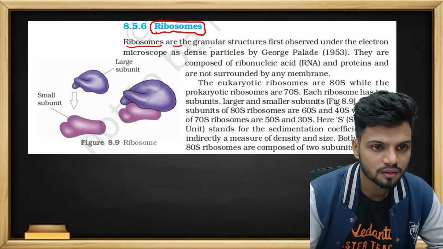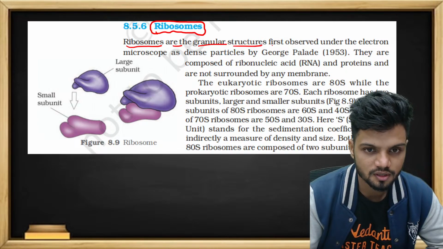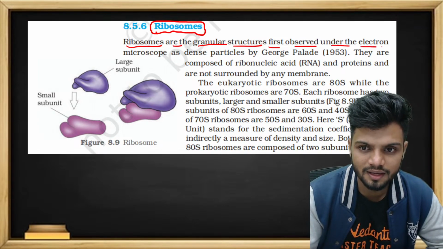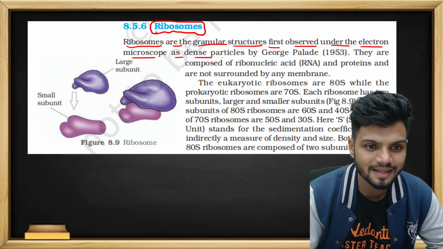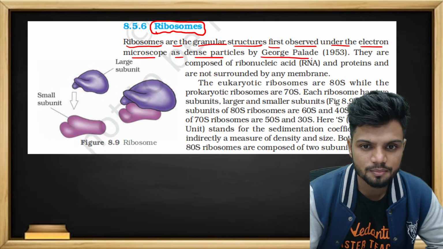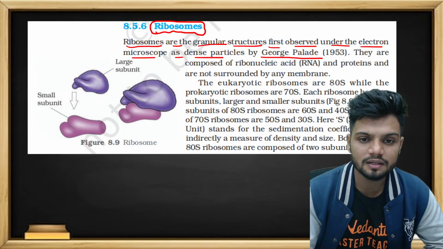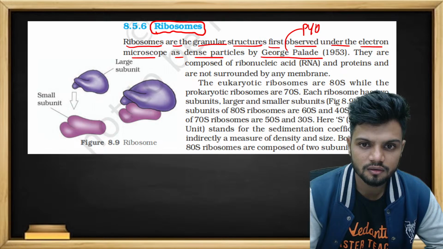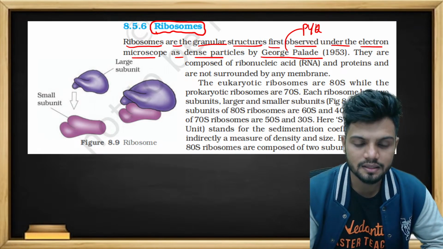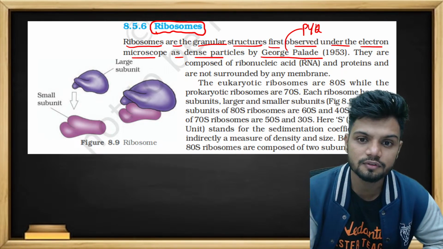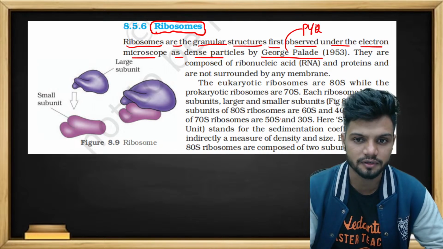Ribosomes are granular structures first observed under the electron microscope as dense particles by George Palade. This is a very important PYQ again. George Palade was the scientist who observed ribosomes for the very first time, in the year 1953.